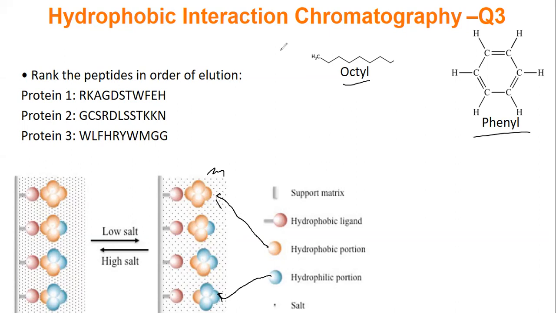So same type of question I have for you. I give you 3 proteins. I want you to rank them in order of elution again, if we're using a hydrophobic interaction column. So this will be a good test for you to see how you've been learning your amino acids.